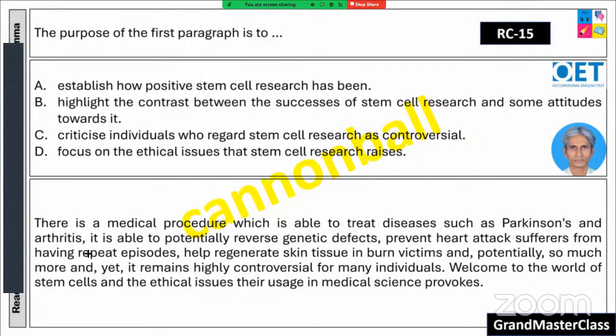Now let us see. There is a medical procedure which is able to treat diseases such as Parkinson's and arthritis. It is able to potentially reverse genetical defects, prevent heart attack sufferers from having repeat episodes, help regenerate skin tissue in burn victims, and potentially so much more. Till here, it is the positive.